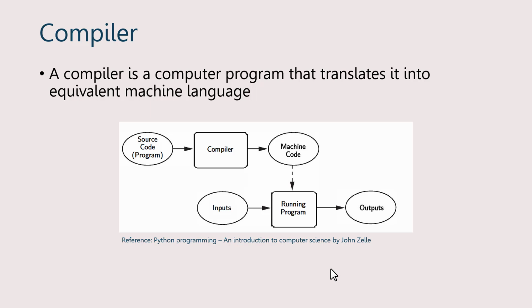And this machine code could be binary or executable files, which basically contain all the ones and zeros that can be understood by the computer. In order to get the output, we are going to run this machine code. That's how the compiler works.